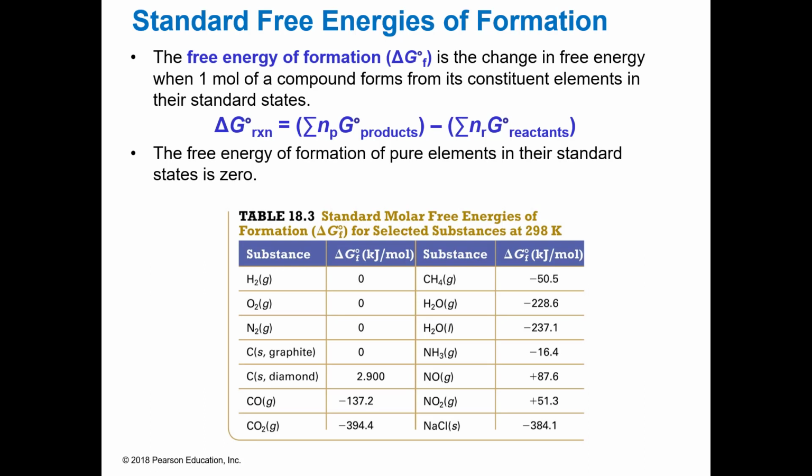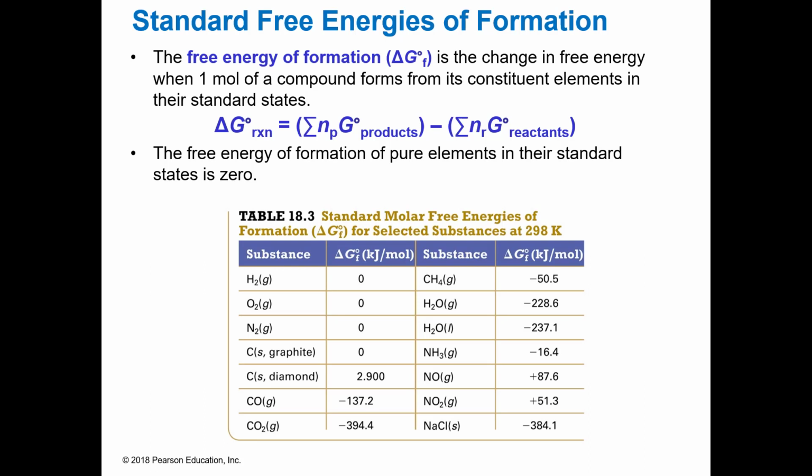So again, energy, we don't have a 0 point. We have to arbitrarily set that. And so we say again, just like with delta H, any element in its standard state has a standard Gibbs free energy of formation of 0. So that's what you're seeing in this table. Hydrogen, oxygen, nitrogen, carbon, graphite naturally occur as elements, in these phases at 25 degrees Celsius.